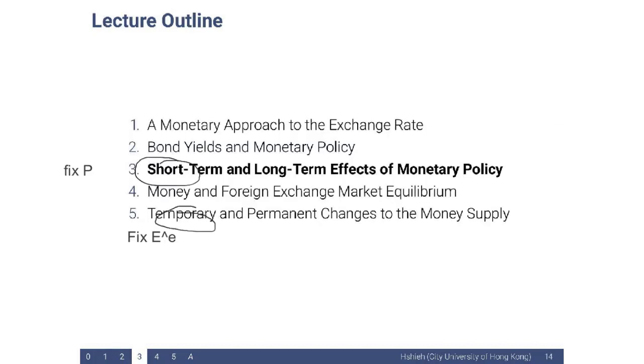I will now introduce to you two types of analysis that we can do with this kind of money market equilibrium model along with UIP. As I mentioned already, the next step is to combine these two models, UIP and money market equilibrium. But we're going to analyze monetary policy with two types of scenarios. You can think of it as scenario analysis.